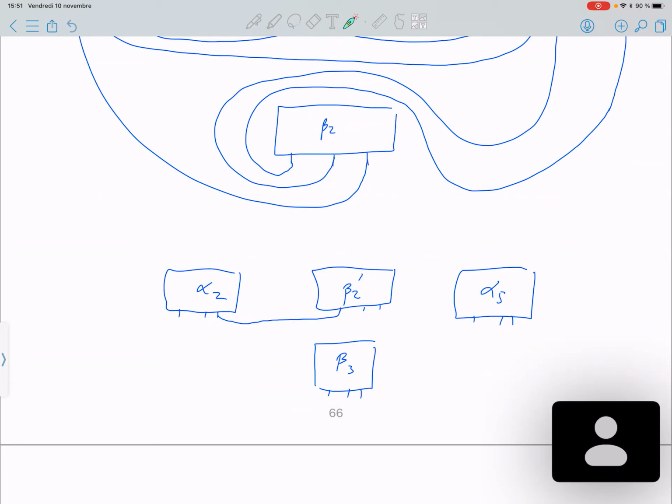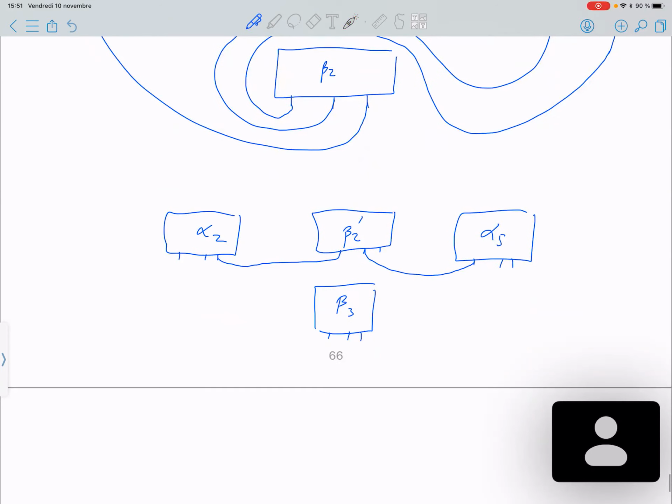So the same. This one will move to the first leg as before. This one will go here.